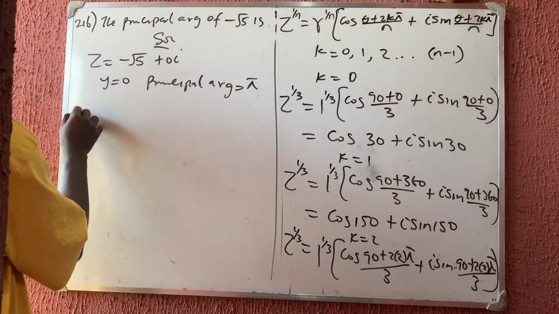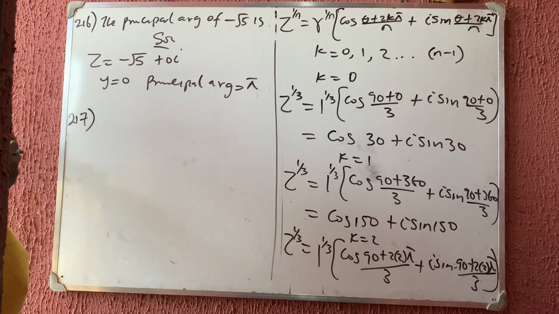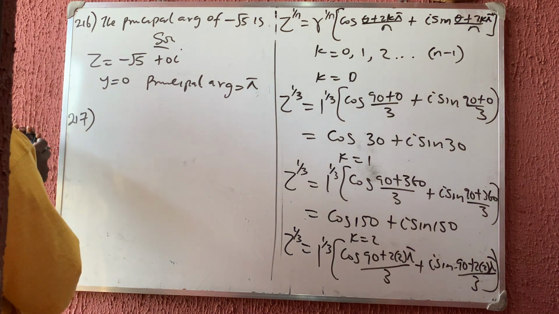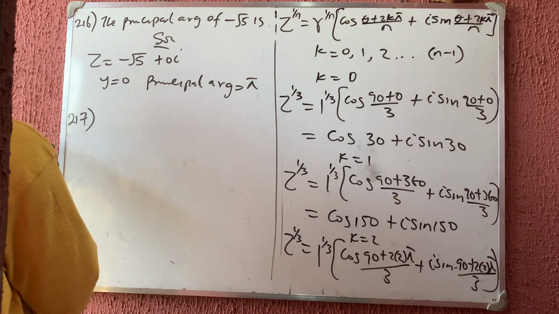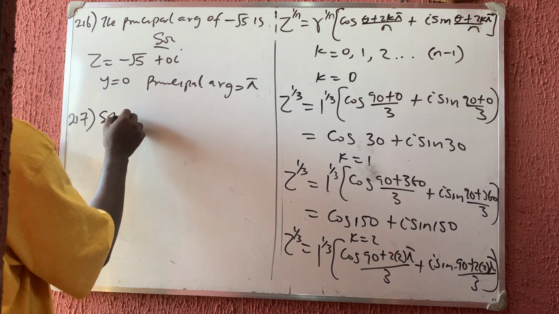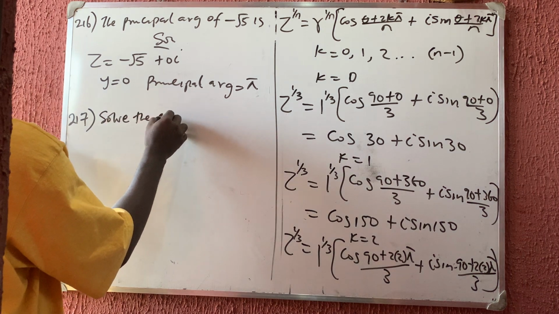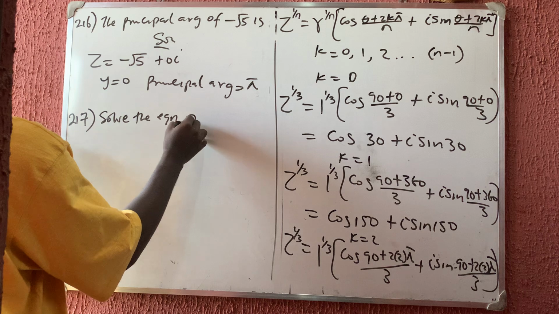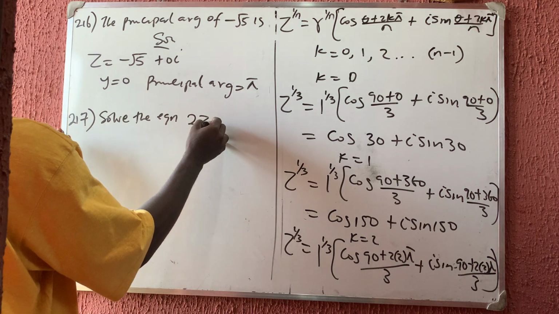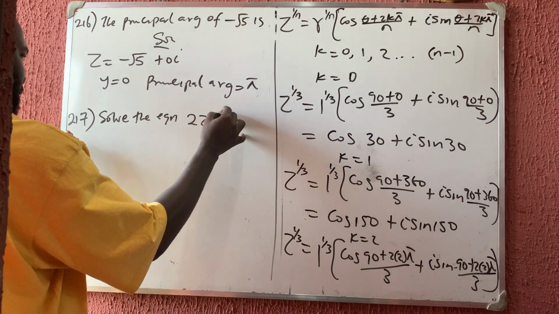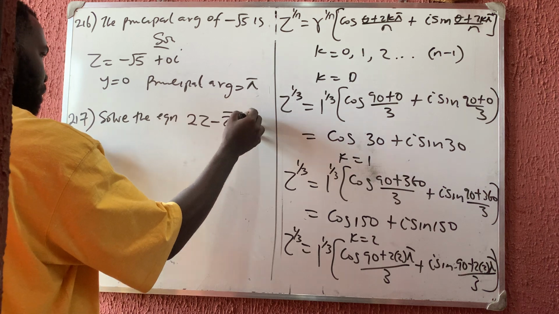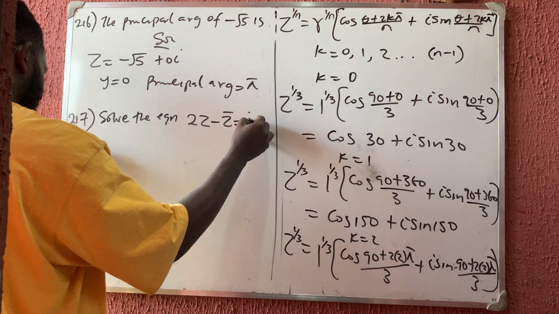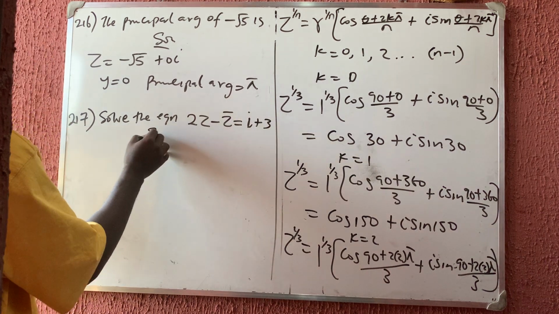Very simple. Question number 217 says solve the equation 2z minus z bar is equal to I plus 3. Okay, solution.